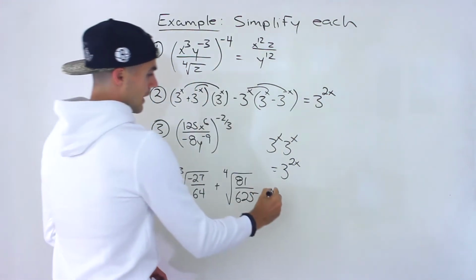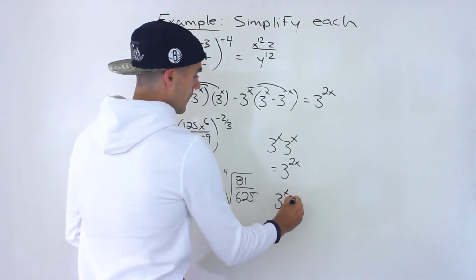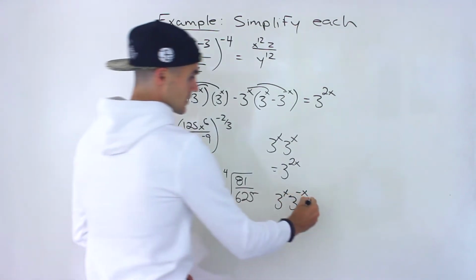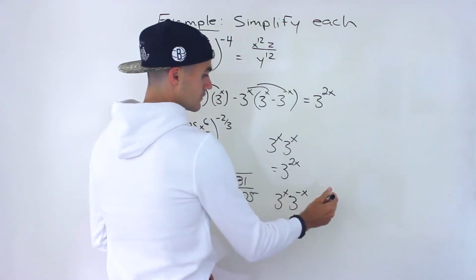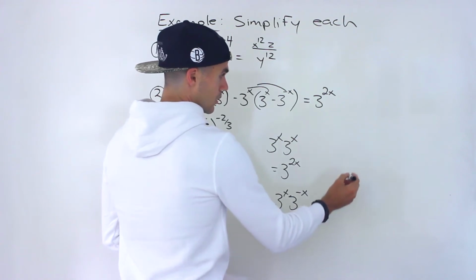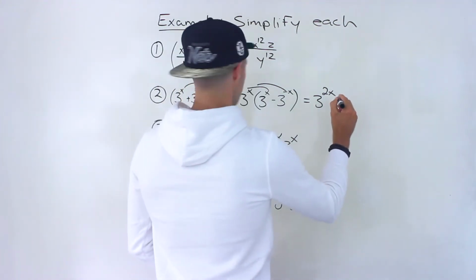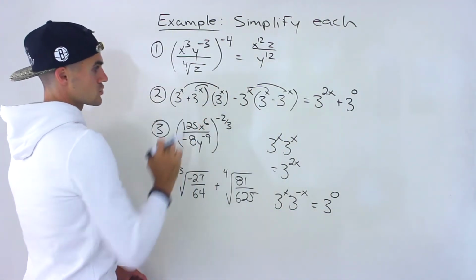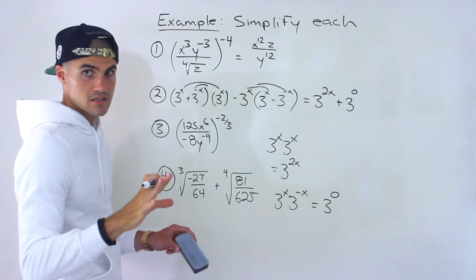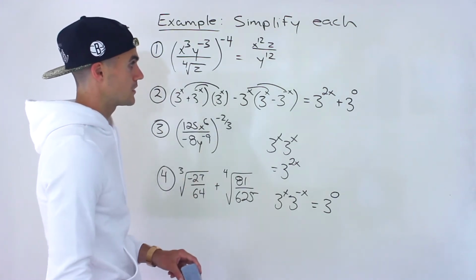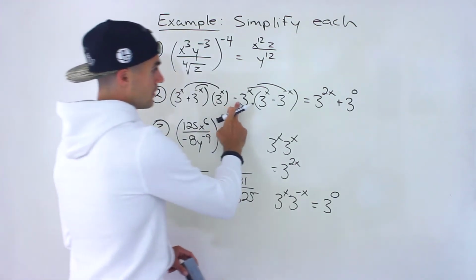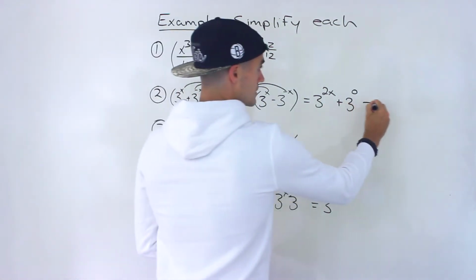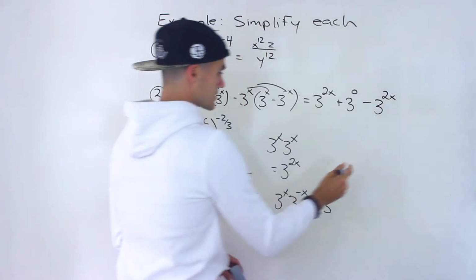Over here, we would have 3 to the power of x times 3 to the power of negative x. So this would end up being 3 to the power of x plus negative x, which would just give us 0. Which would equal 1. I'm just going to leave it as 3 to the power of 0, just so you could clearly see how we distribute it over here. Keep the bases for now, but that is going to end up equaling 1. And then over here, minus 3 to the x times 3 to the x, that would be minus 3 to the 2x. Same thing as over here.